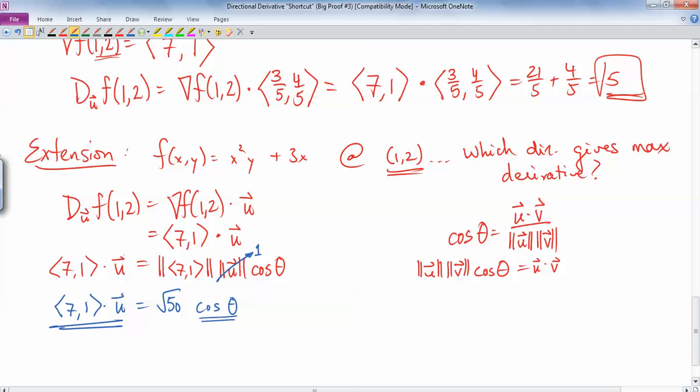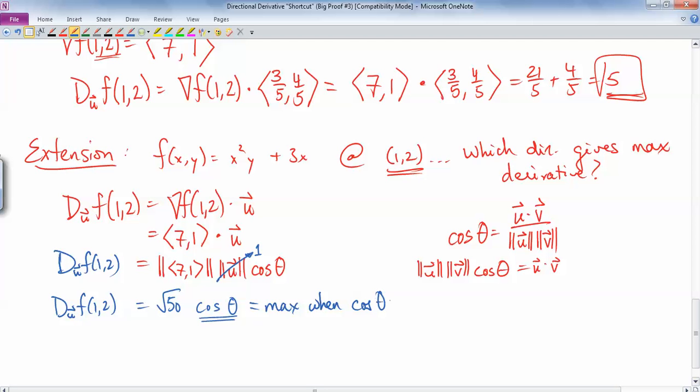In fact, let me just write it like this. So the derivative is going to be a maximum when cos theta equals 1. Well, that happens when theta equals 0. That means when this gradient and that unit vector are pointing the same direction.